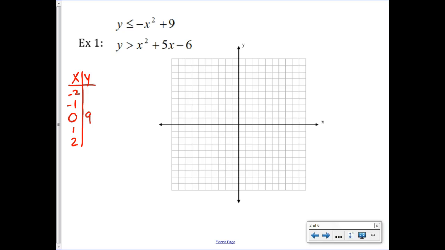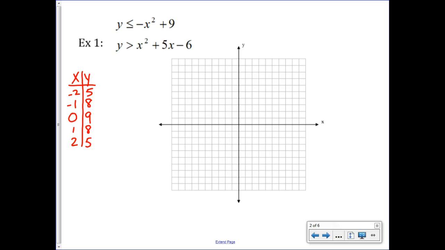But then it's negative, so 9 minus 1 is 8. And then I get negative 2 squared is positive 4, but there's a negative out front. So 9 minus 4 is 5. Using symmetry, this should also be 8 and 5.